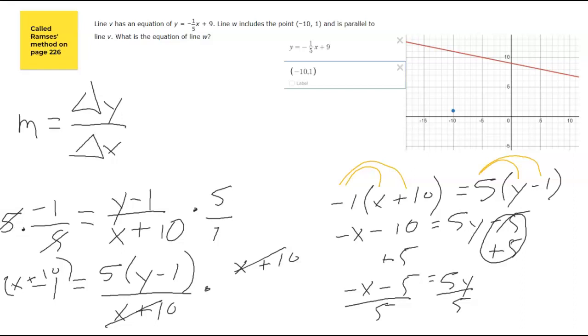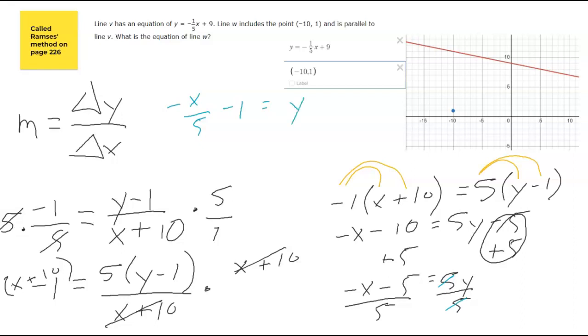Now what we need to do is we're doing that divide by 5. So we're going to have negative x divided by 5. And then negative 5 divided by 5 is negative 1. And then equals this 5 and this 5. 5 divided by 5 is 1. It leaves us with just y by itself.